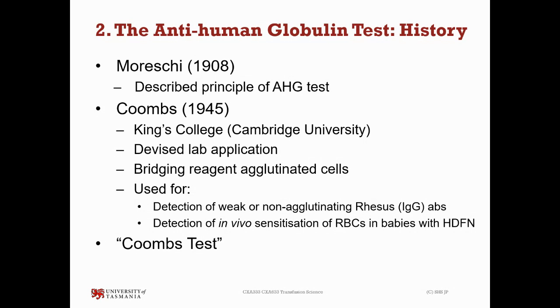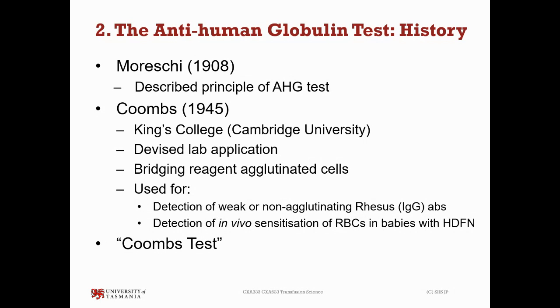And so it was Robert Coombs who devised the laboratory use of the anti-human globulin test as a bridging reagent, a way of linking IgG antibodies bound to the surface of adjacent red cells and causing agglutination of those, what he termed the sensitized red cells. And so this is why we call it the Coombs test, because of Robert Coombs.